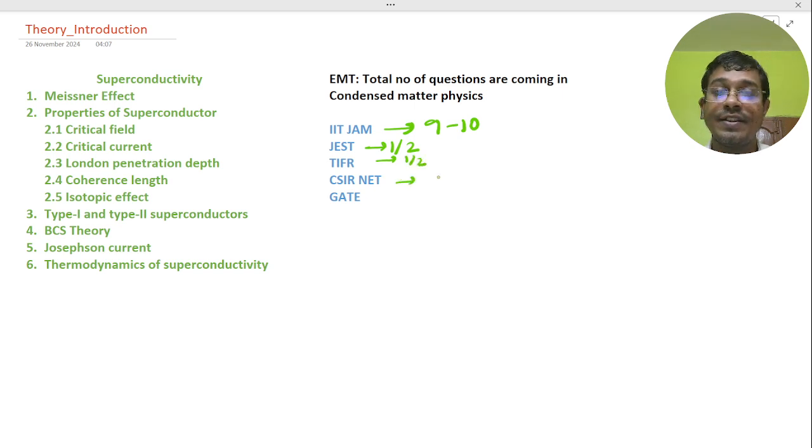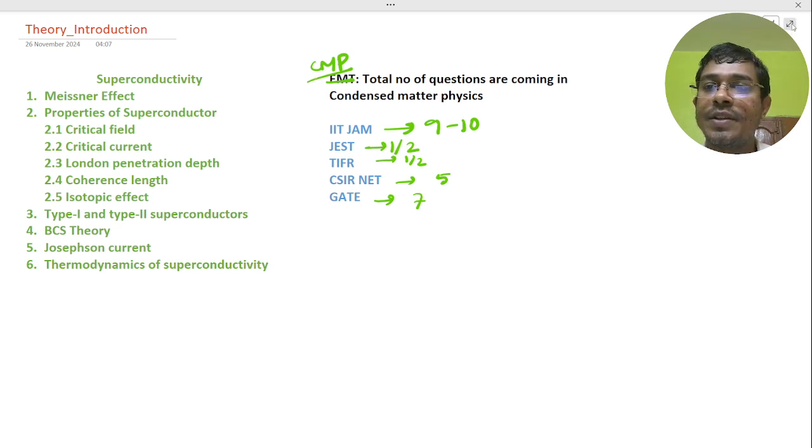In CSIR NET there are 5 questions in condensed matter physics. Basically the name should be CMP, not EMT, mind it, condensed matter physics. And in the GATE exam about 7 questions are coming in this topic. From the GATE exam point of view, this is very important, and in superconductivity it is a hot topic, where 1 or 2 questions just come.